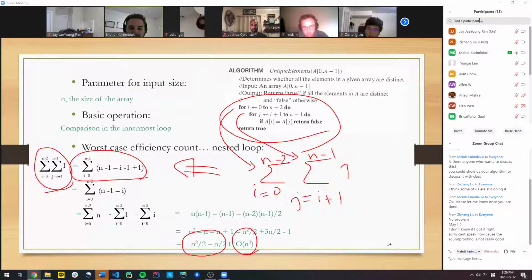All right, so that should conclude our first slide set for tonight. I just want to see if you have any questions on time efficiency. Basically, this is just to give you an idea of how we do basic calculations for finding how an algorithm is growing.